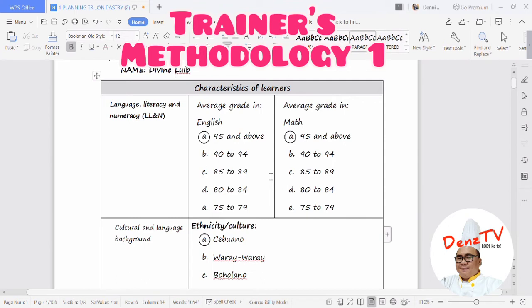This is difficult to achieve if trainers are not aware of your learners' characteristics. So the differences among trainees, or how you may be able to work with these trainees, address their specific needs to allow them to demonstrate competence.